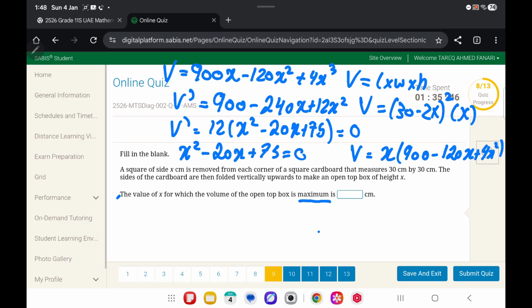Now, you can factor this out. What are two numbers that add up to 20 and multiply to give me 75? They both have to be negative. x minus 15, x minus 5.